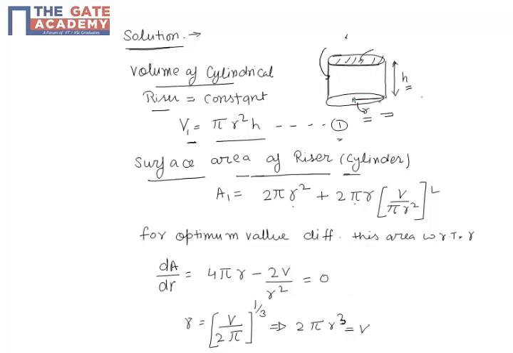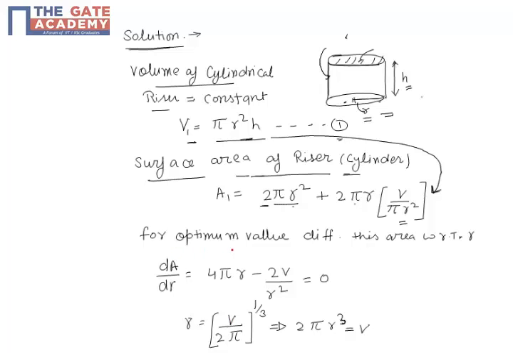So 2 multiplied by the area of this circle is pi r square multiplied by 2, plus this curvilinear area, which is equal to 2 pi r multiplied by h. So I have written the value of h from my volume: h is equal to V upon pi r square. Instead of h, I have written V upon pi r square.